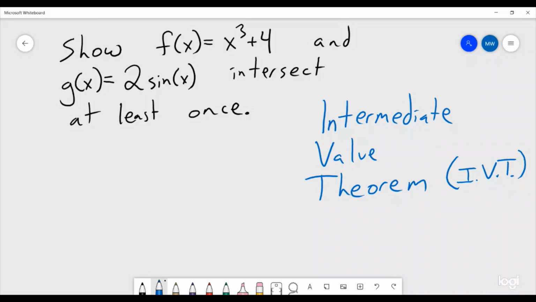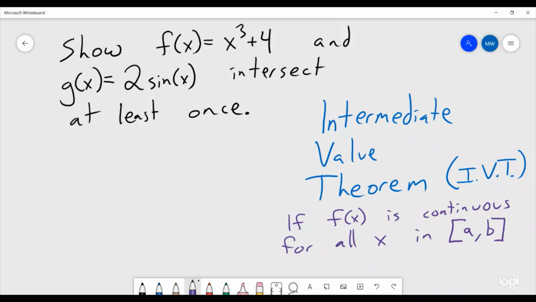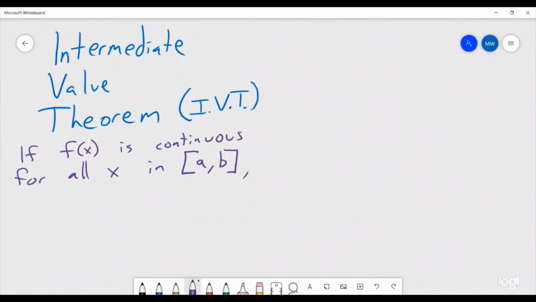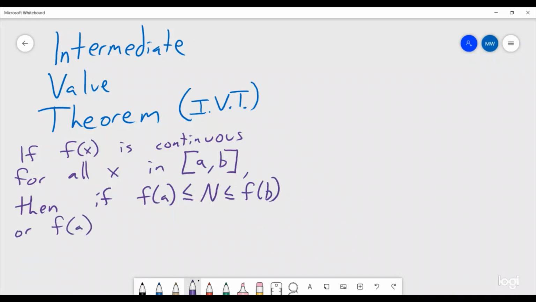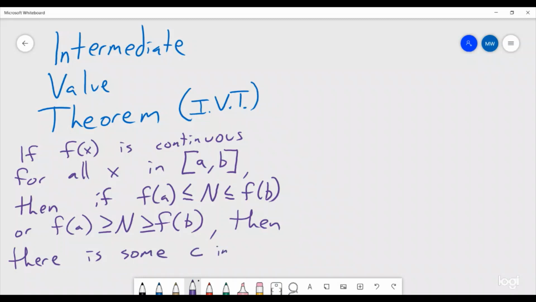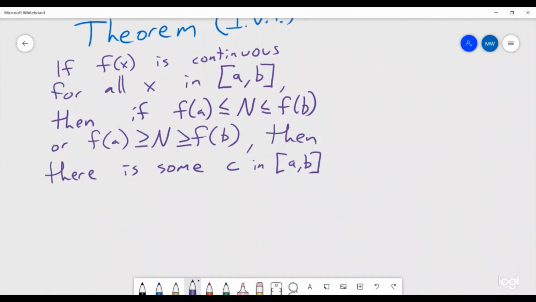Now, the Intermediate Value Theorem says that if f of x is continuous for all x in some interval a to b, then if we have some number n so that f of a is less than or equal to n is less than or equal to f of b, or the other way around, so f of a is the bigger one, then there is some value c in that interval where f of c is equal to n.